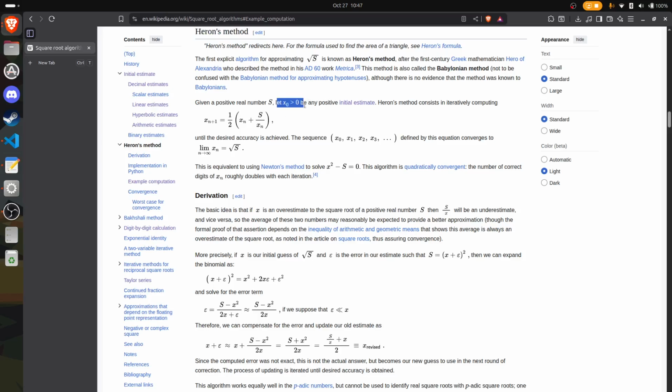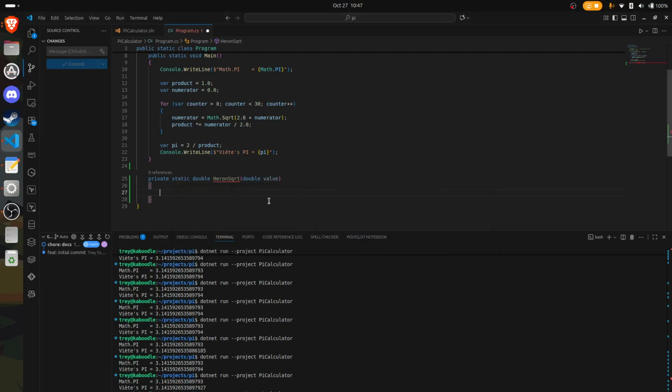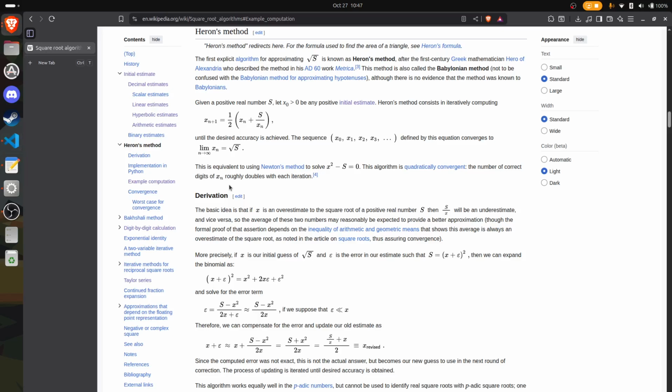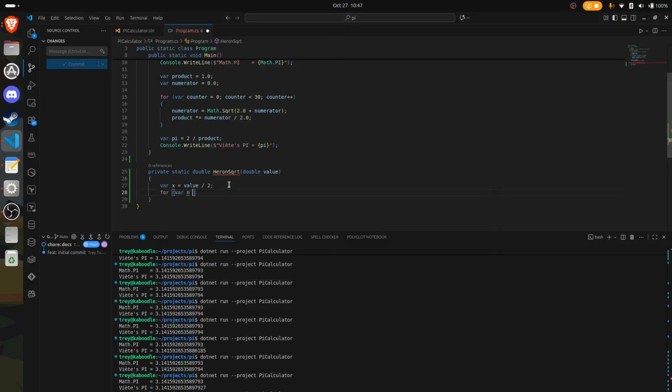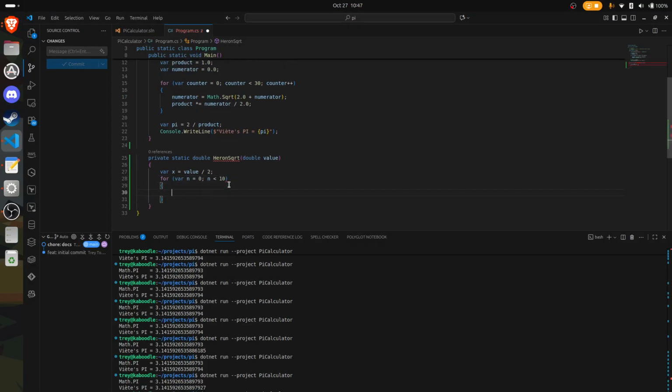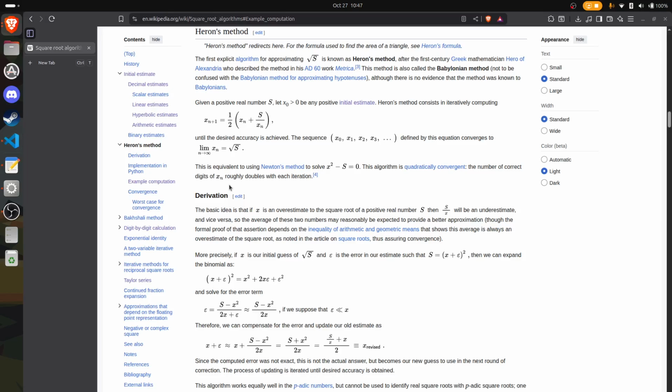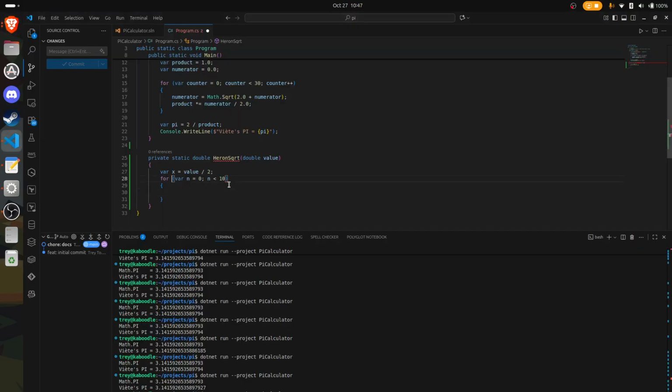Let's see, the initial value of x should be any positive initial estimate. Let's say x equals value divided by 2, that's a popular one. Run this iteration 10 times. Forgot my iterator. There we go.